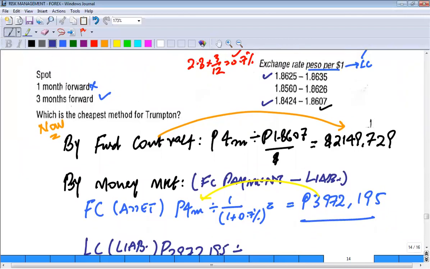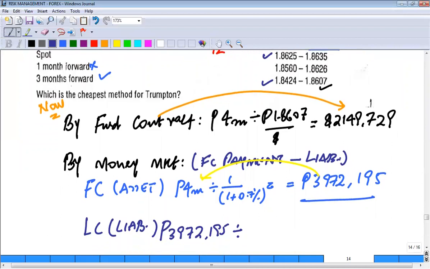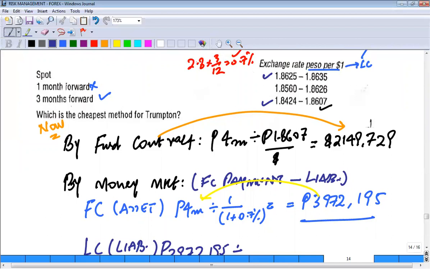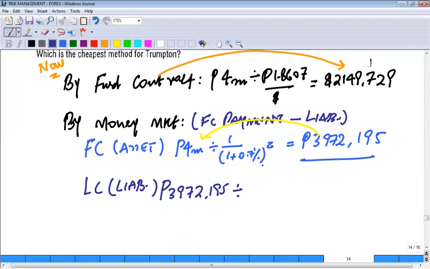First, I have to complete the money market. 3,972,195 divided by 1.8424 is $2,155,989.